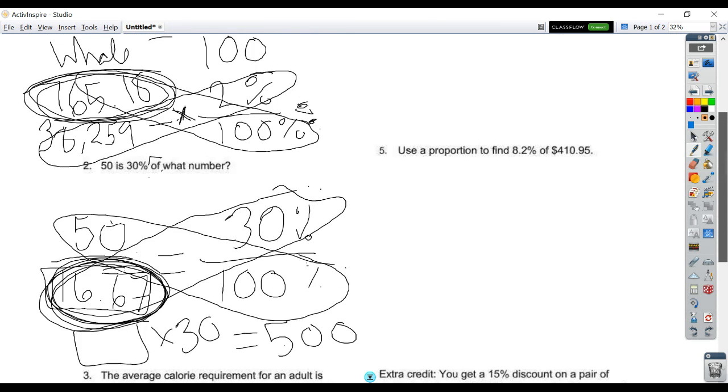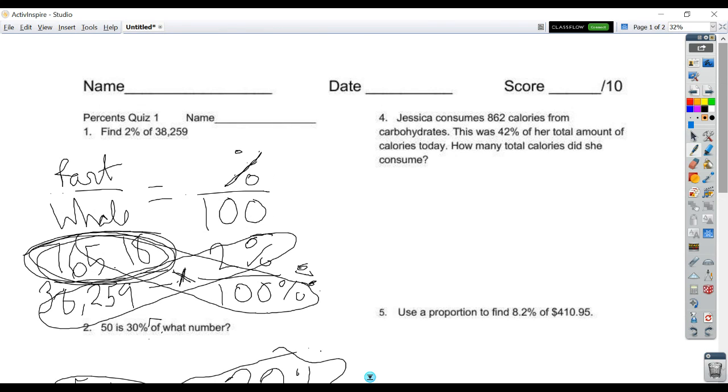Go up to question number 4. Jessica consumes 862 calories from carbohydrates. That was 42% of her total amount of calories today. How many total calories did she consume? Well, if she consumes 862 from carbohydrates, that's just carbohydrates.